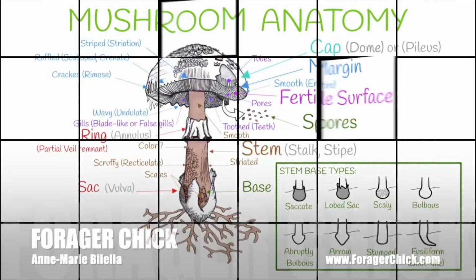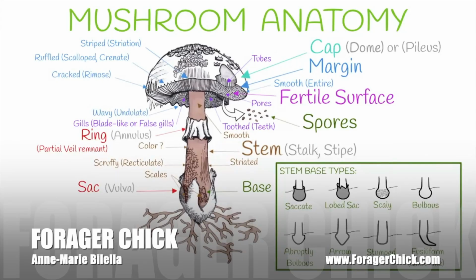So, there's a sac or a volva. Some people call it a vulva. If you've ever seen what looks like an egg growing out of the ground, has anybody ever seen that? So that sac, an Amanita grows out of this thing that looks like an egg. And it's a universal veil too.